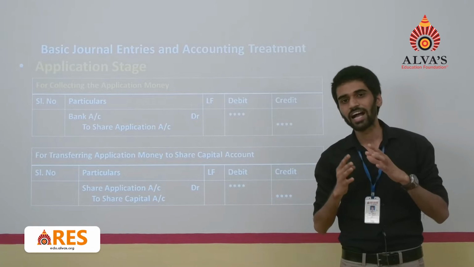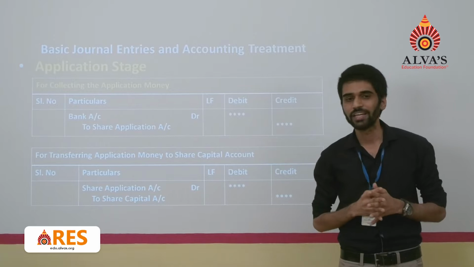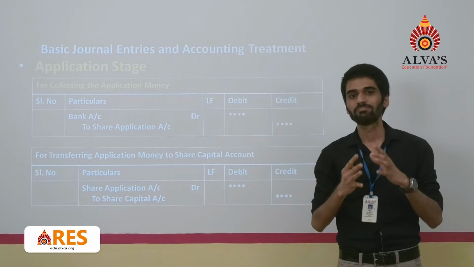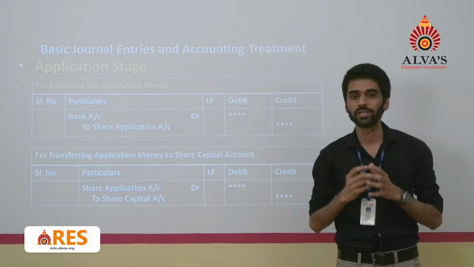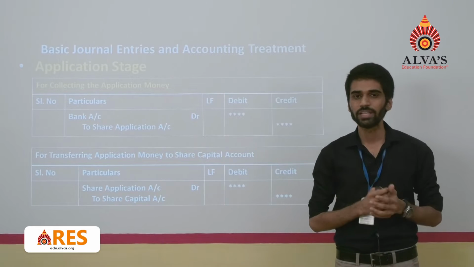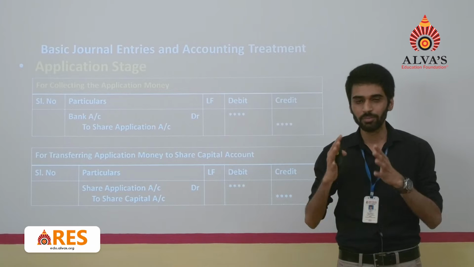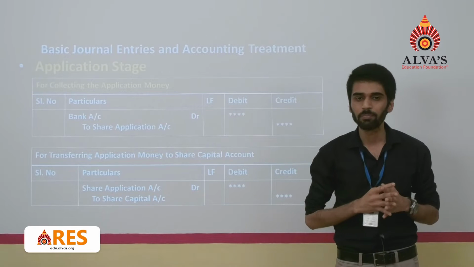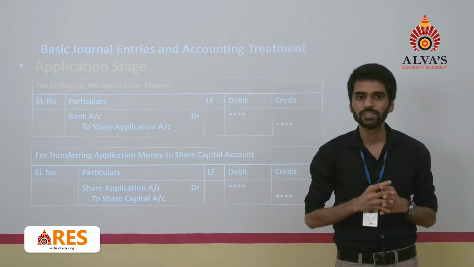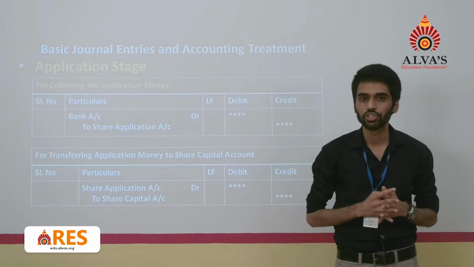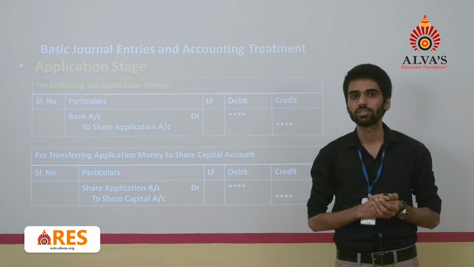So, the entry after eliminating that share application account is bank account debtor to share capital account. So, two entries in the application stage are quite common and familiar to you: bank account debtor to share application account for collecting the application money, and the second entry for transferring the application money to the share capital, that is share application account debtor to share capital account.